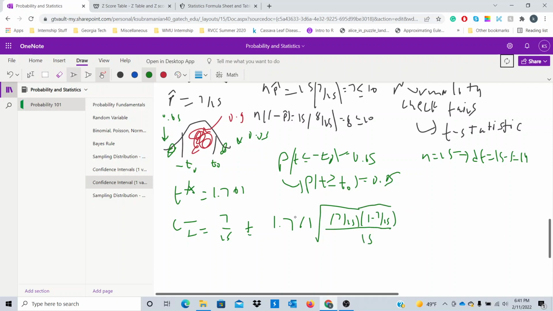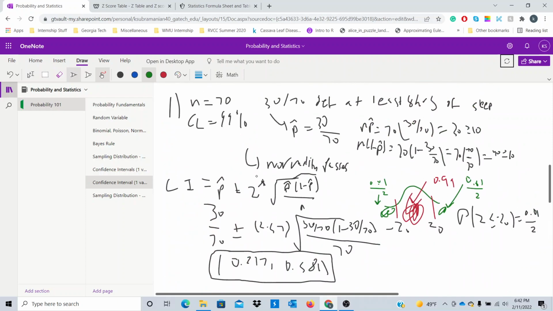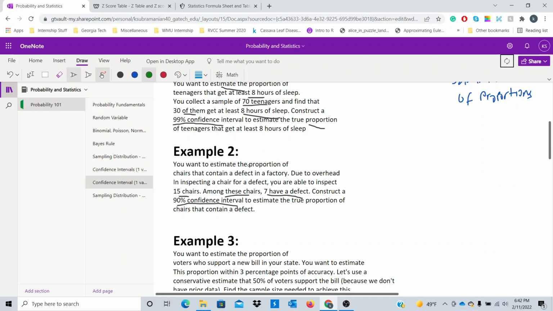Now all I have to do is punch this into my calculator and we'll get our interval. The interval will become approximately 0.240, comma 0.694. So this is our estimation of the true proportion of chairs which contain a defect in our factory.